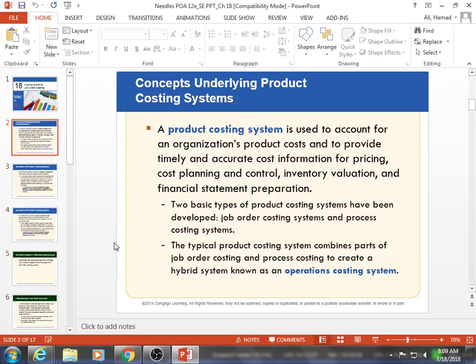Some businesses adopt one of the two systems depending on what kind of business you are in, and some businesses adopt both systems, process costing and job order costing, which they call an operations costing system.